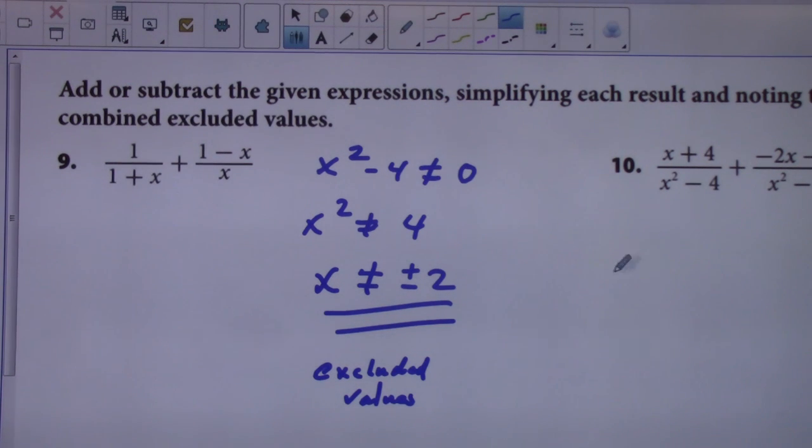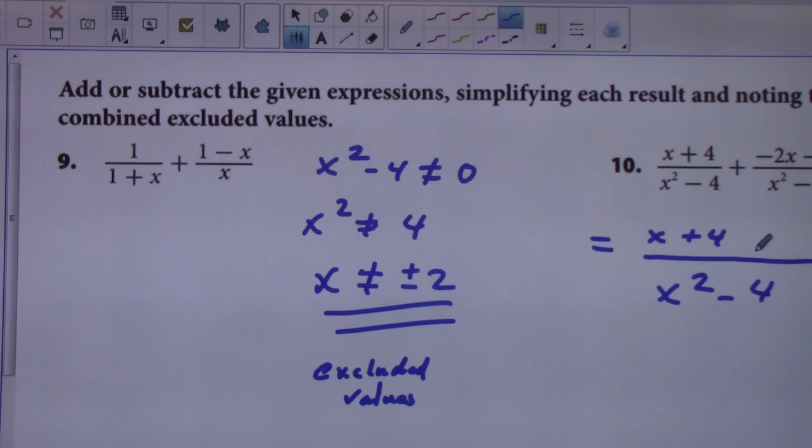Okay, what next? Do we have a common denominator already here? Yeah, we do. So we have our x squared minus 4 down here. And up here, what do we have? Well, we have x, plus 4, minus 2x, and minus 2.